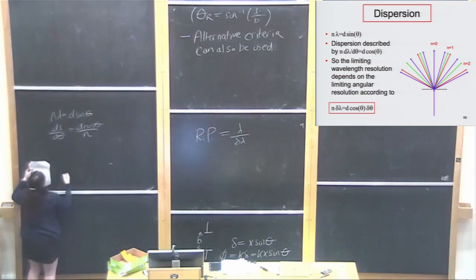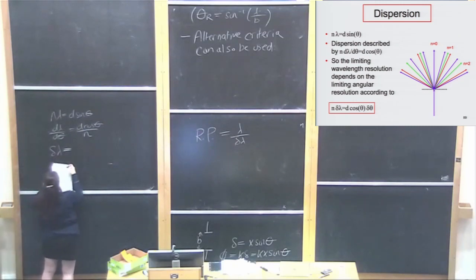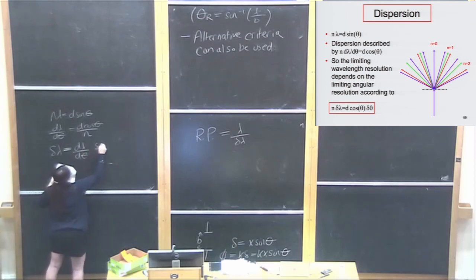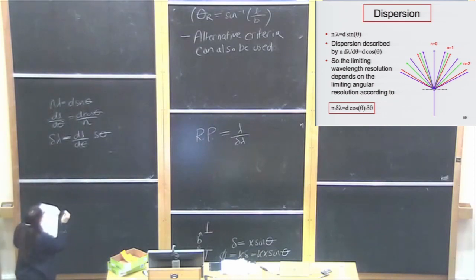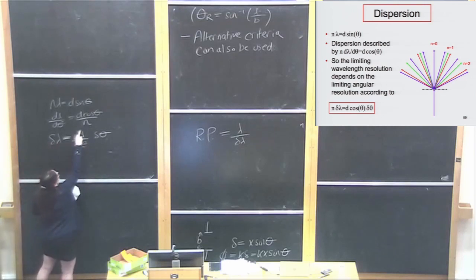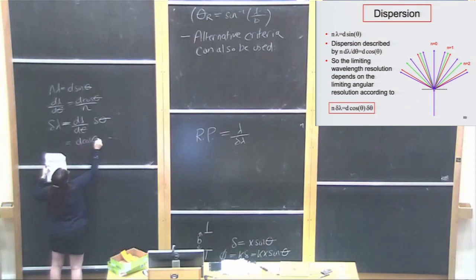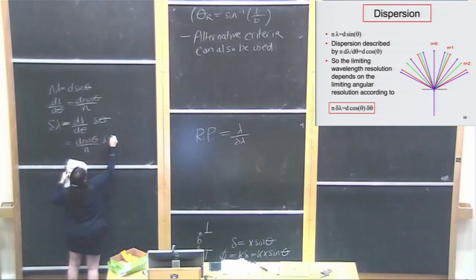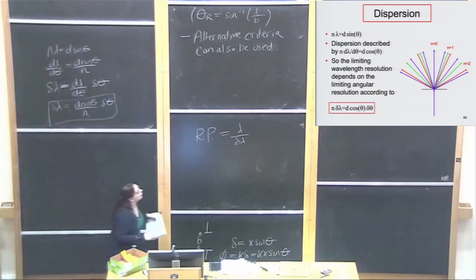And I said this is the relationship that we need if we have some difference in angle at which we're seeing our peaks, we can convert that into a difference in wavelength via this conversion factor which I've just calculated. So delta lambda equals d cos theta over n, times delta theta. We're going to need that for where we're going, and we've already seen that before.